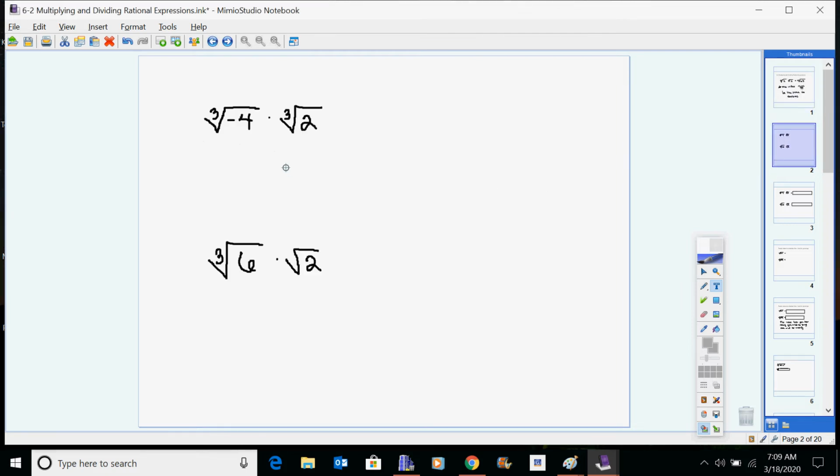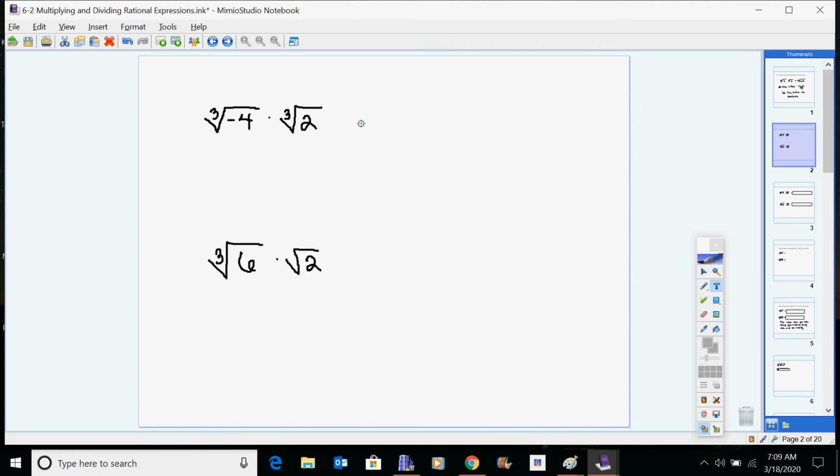Okay, so let's take a look at these two examples and how you would actually put these things together. Notice that these both have a radical with an index of 3.